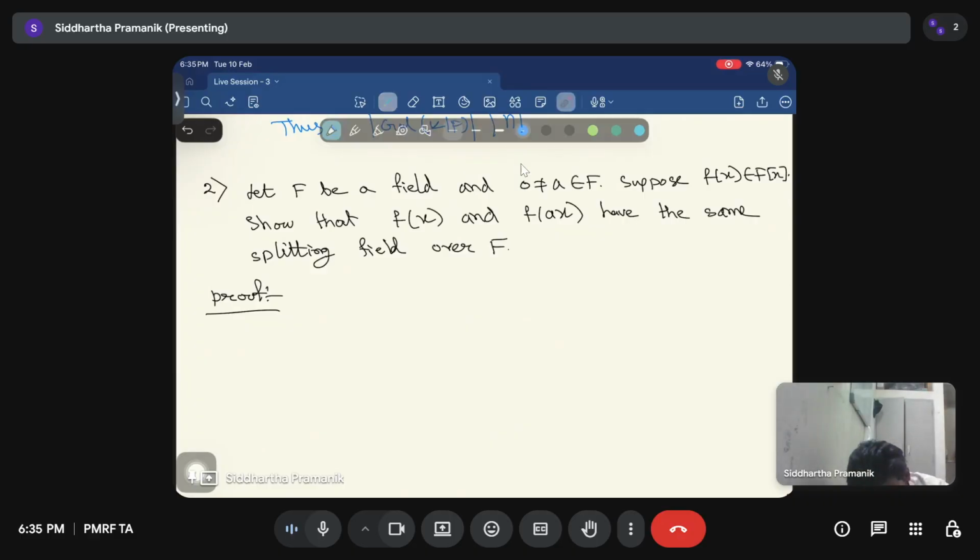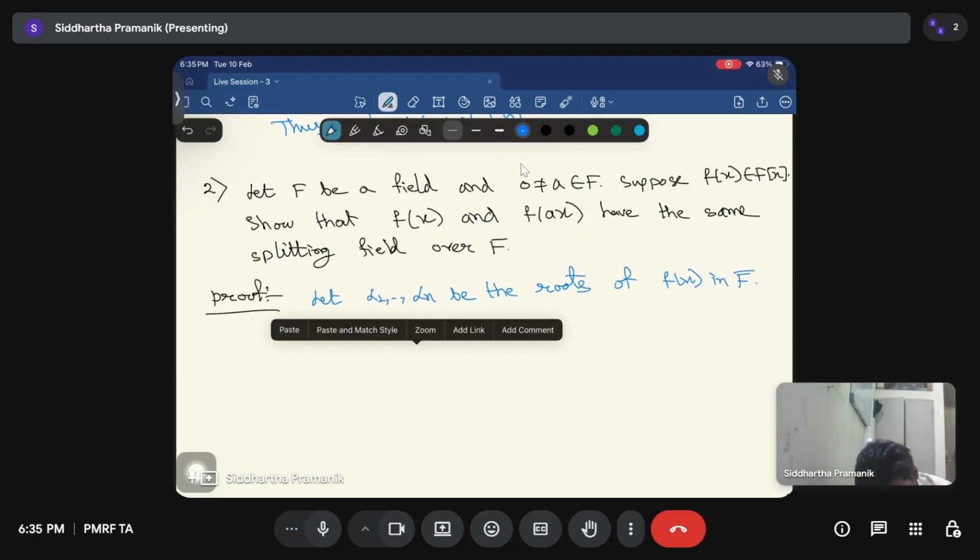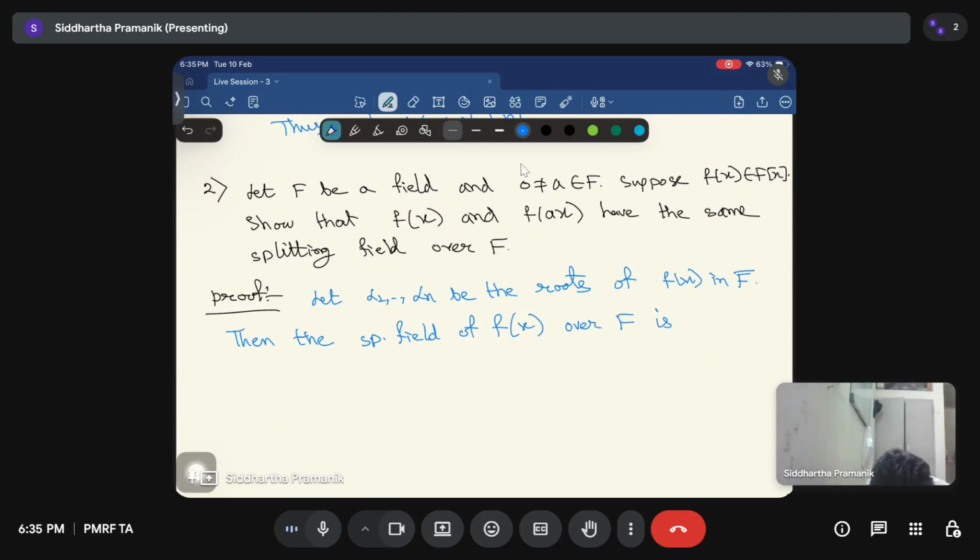So what is the splitting field of f(x)? Let's see that first. So let alpha 1 up to alpha n be the roots of f(x) in the algebraic closure of F. Then the splitting field of f(x) over F is basically F(alpha 1, ..., alpha n).